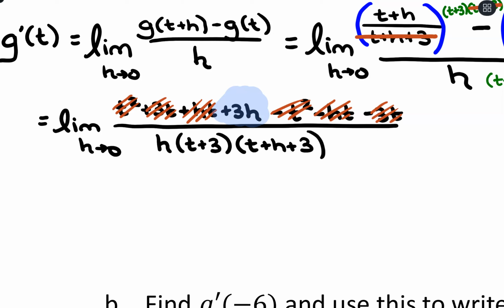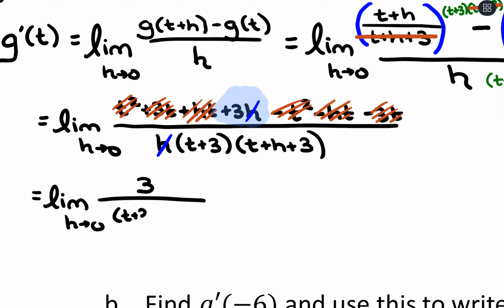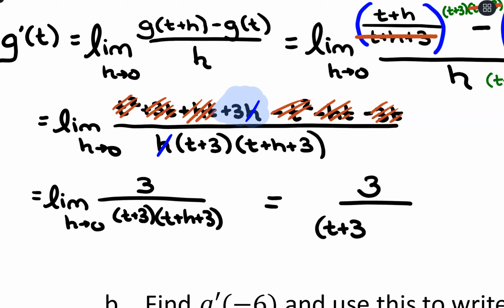And that gives us a nice cancellation of the h's, so that we are just looking at the limit as h approaches 0 of 3 divided by t plus 3 times t plus h plus 3. And if we plug in h equals 0, we have our function 3 over t plus 3 times t plus 3. In fact, let's go ahead and just write that as t plus 3 squared.